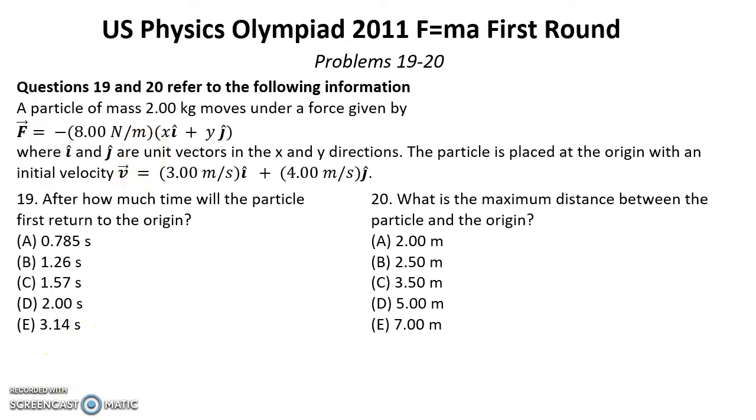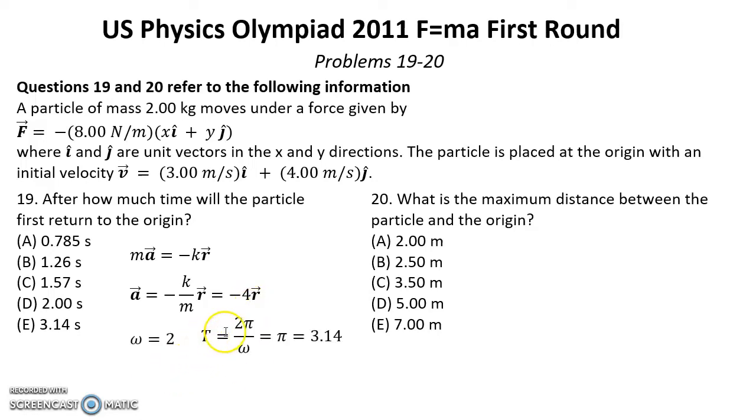And we can write the equation ma equal -kr. So here we have mass 2 kg and k equal 8 newtons per meter. So we can rewrite it in this form. And from here we can say that omega square equal 4, which means that omega equal 2.